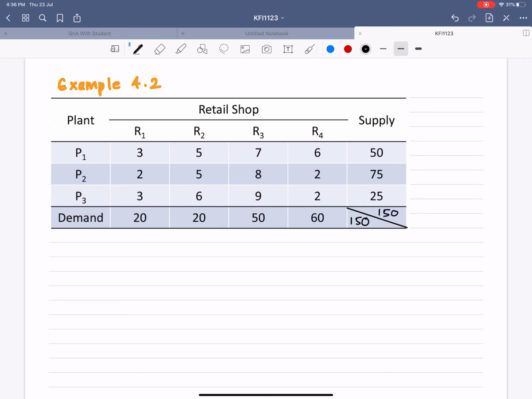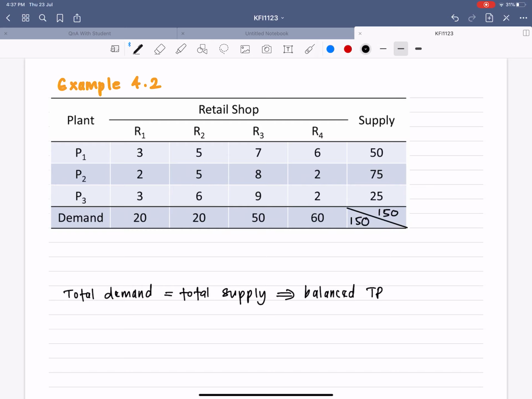Since total demand equals total supply, it means that we have a balanced transportation problem. Since we have a balanced transportation problem, we can proceed with the northwest corner method.